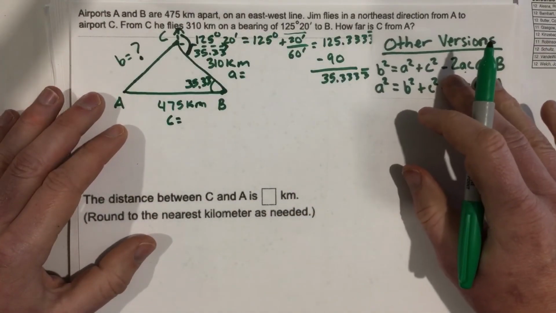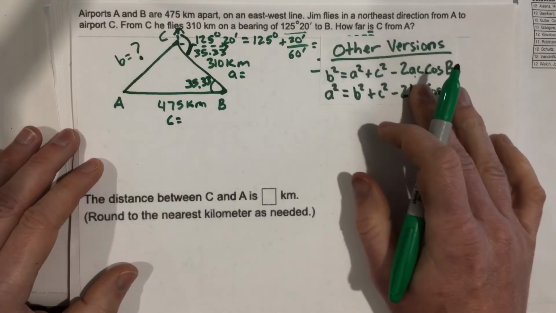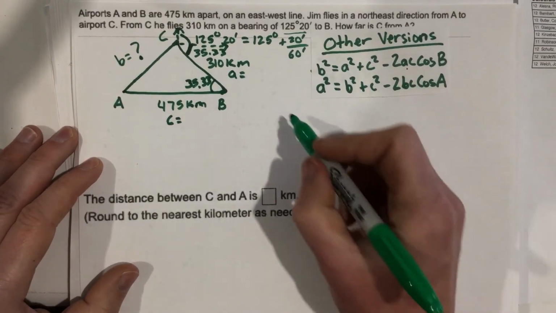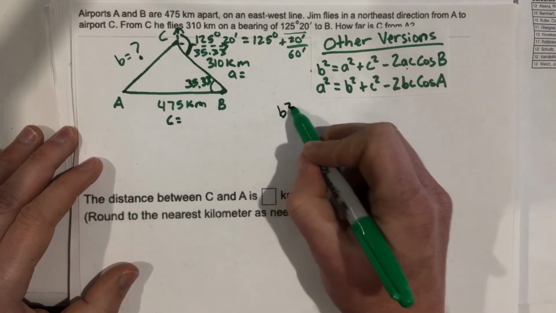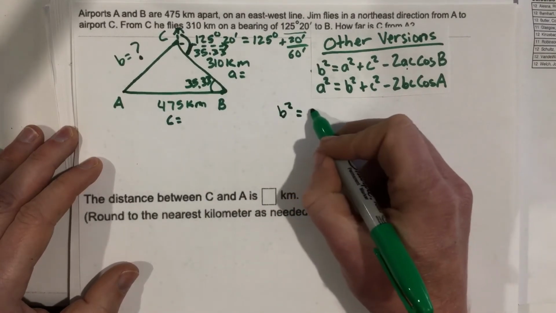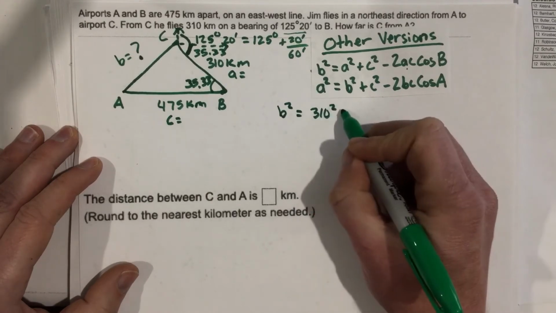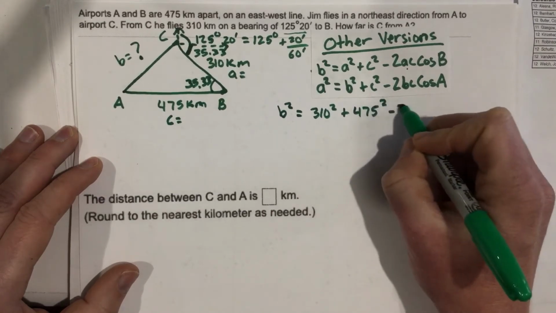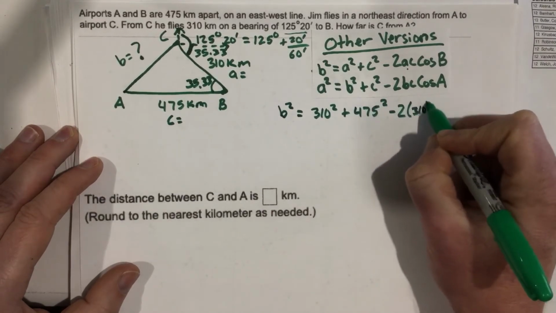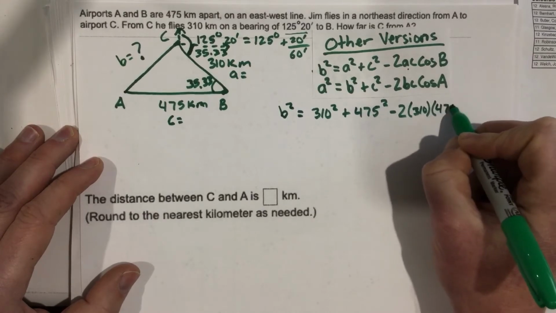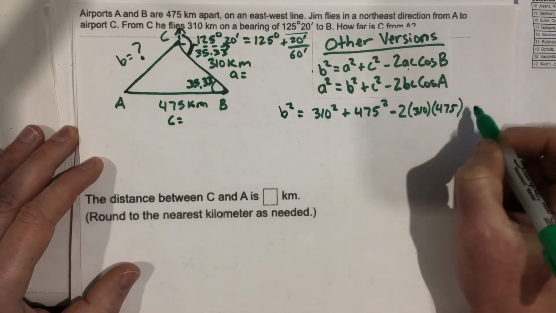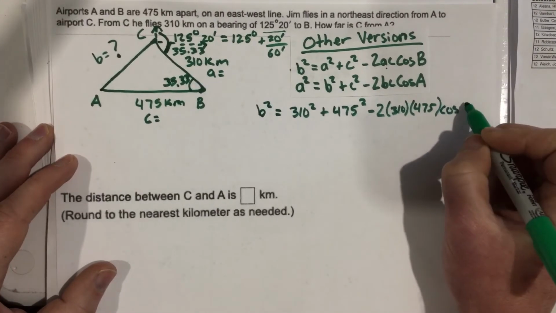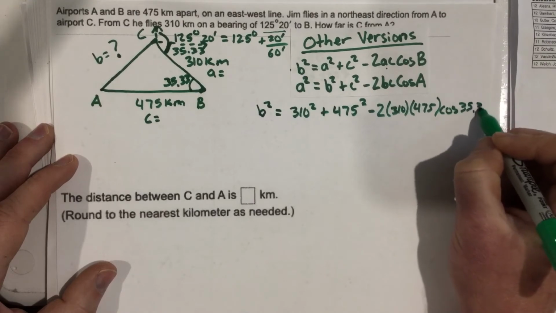I'm just going to put it in the upper right here. In fact, I'll just cover that up a little bit. That's okay. And we'll say that B squared equals A, which is 310 squared, plus C, which is 475 squared, minus 2 times 310 times 475, A and C, and that's cosine of 35.33.